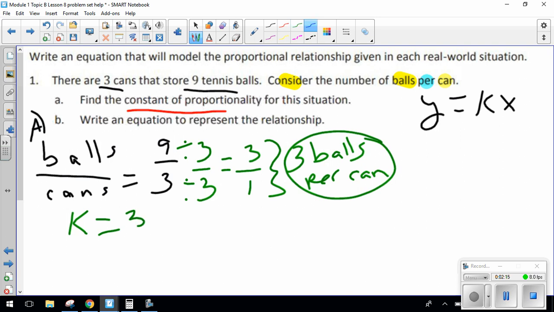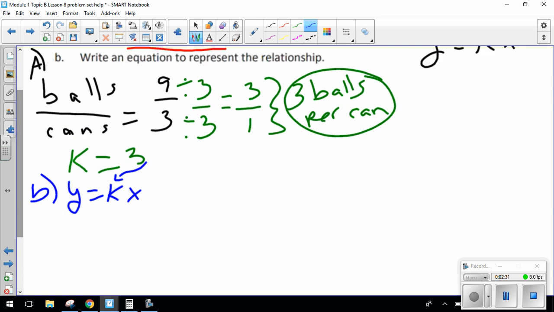And in part B, it says write an equation to represent the relationship. So y is equal to kx. I already know what k is, so I'm going to substitute 3 in place of k. Y is equal to 3x.